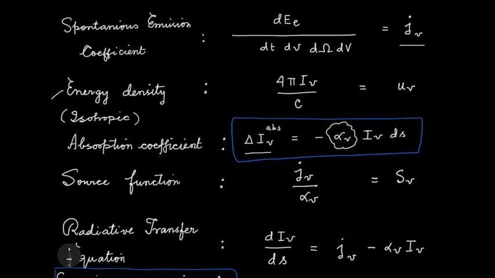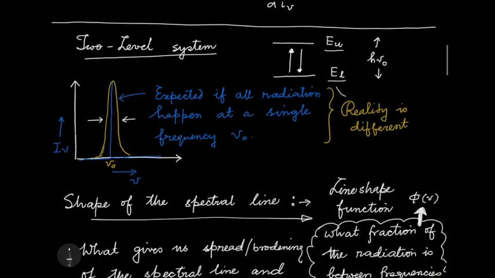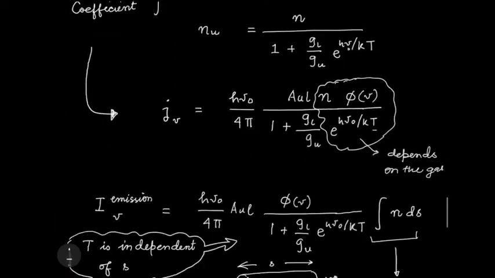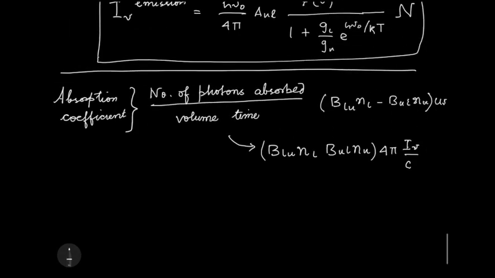So u nu is 4 pi I nu by c, that we saw also last time or last to last time, and we listed it here. u nu is 4 pi I nu by c. That's what I have used. So this is the number of photons absorbed.